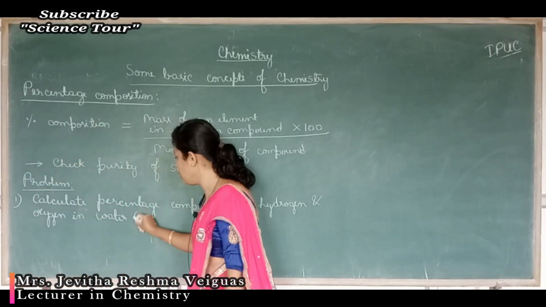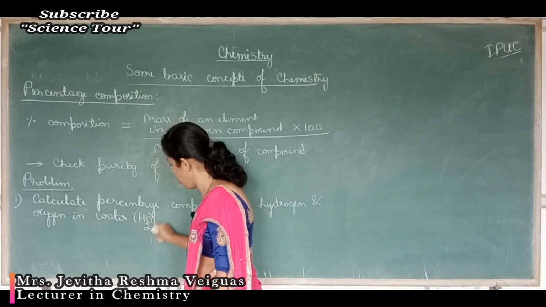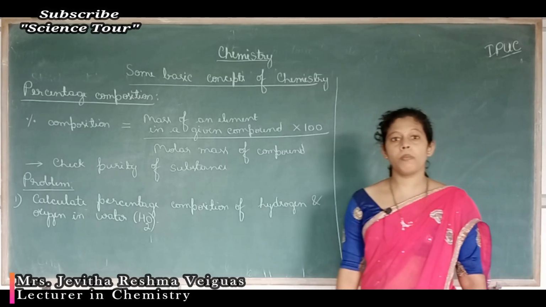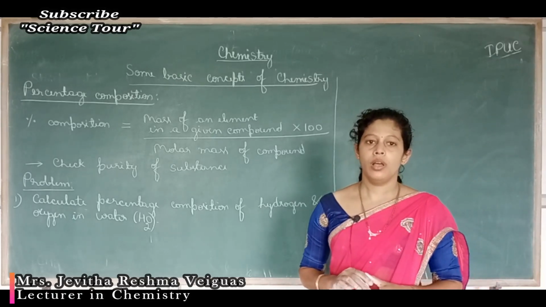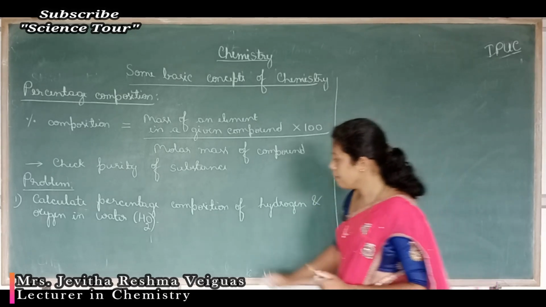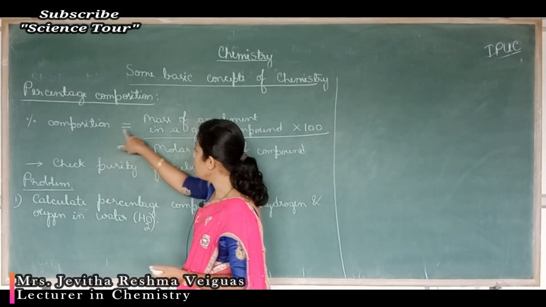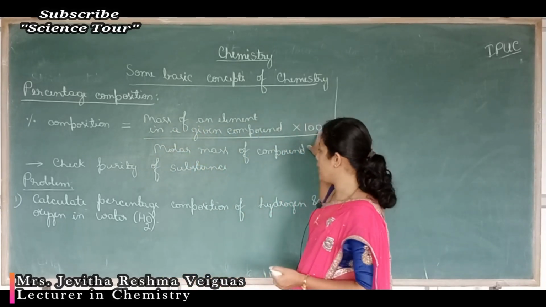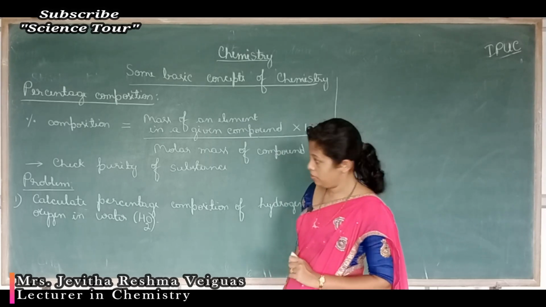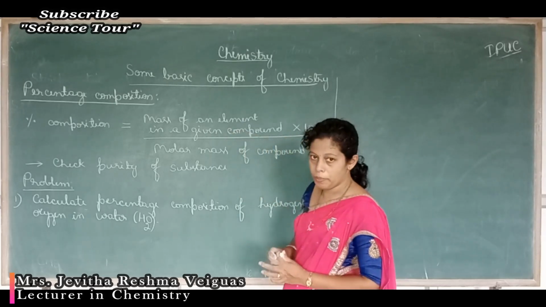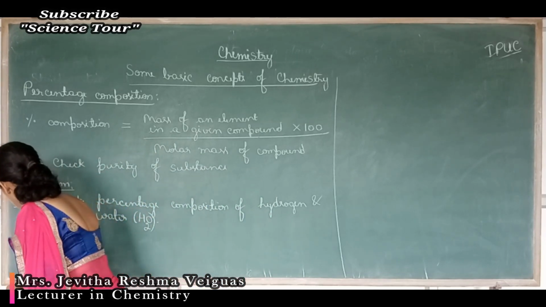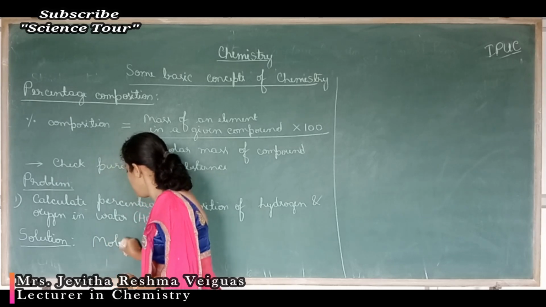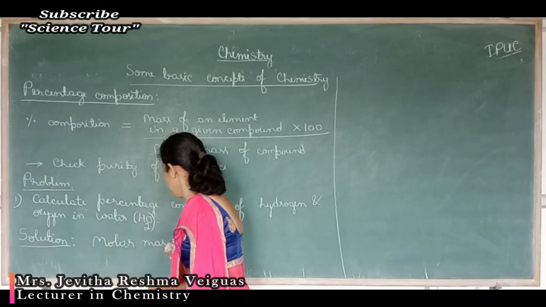What is water? The formula is H2O. Now we have to calculate the percentage composition of the elements hydrogen and oxygen in water. First let us look at the formula: mass of an element in a given compound into 100 divided by molar mass of the compound. So we must know the molar mass of the compound. First let us calculate the molar mass of water.